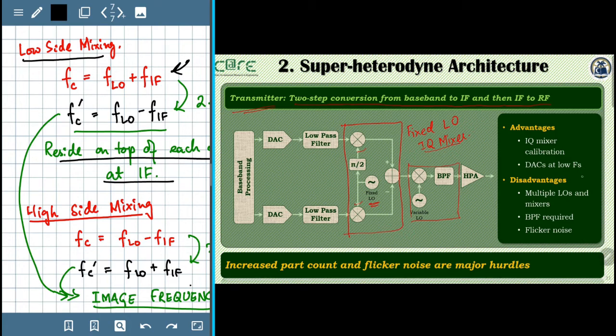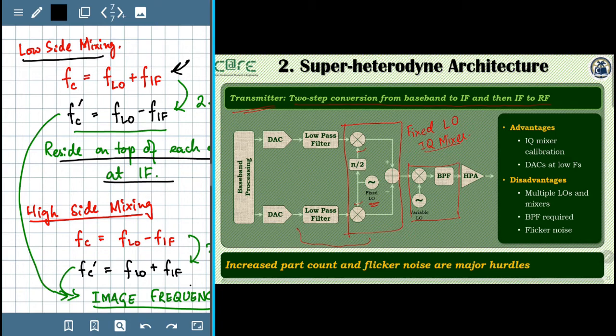frequency. The disadvantages, on the other hand, are that we require multiple local oscillators, so at least 2 local oscillators and 2 mixers are needed. The bandpass filter is required, and flicker noise is still an issue because the baseband signal is being converted to the analog domain.